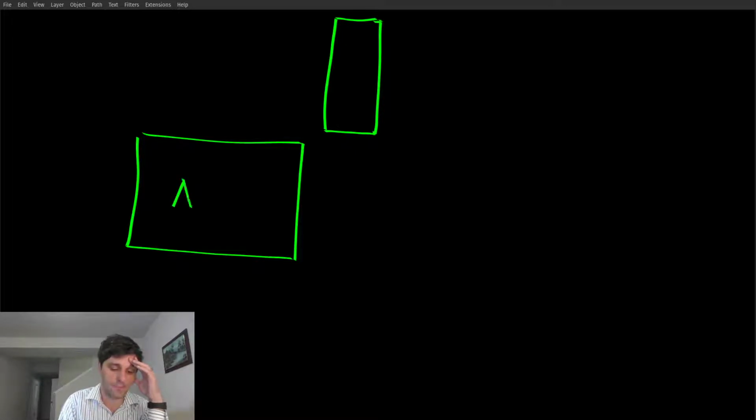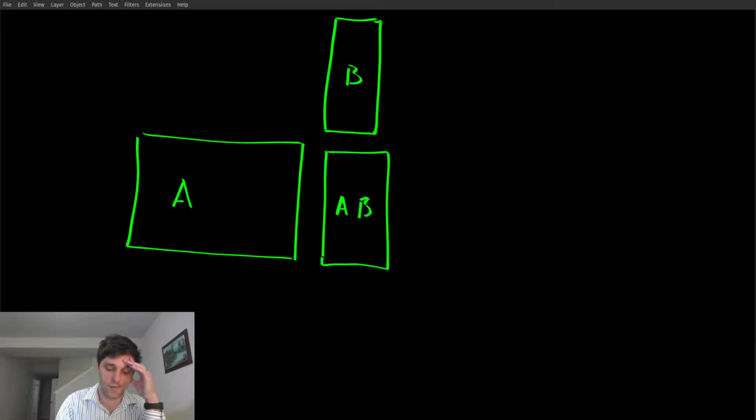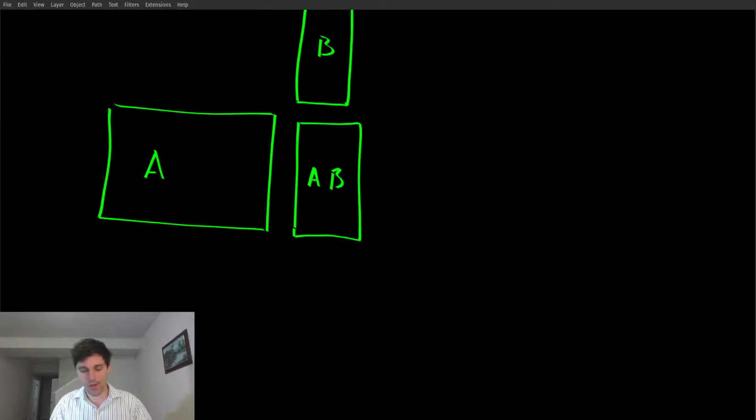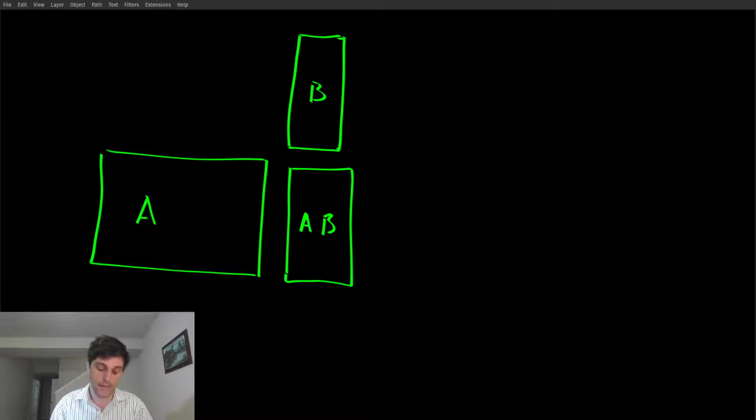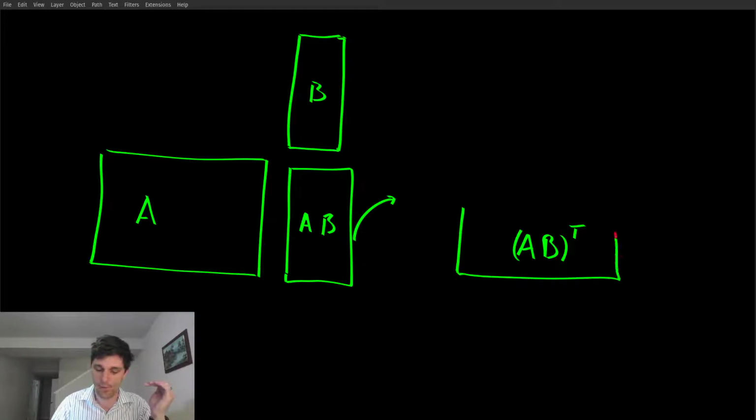So here's my A, here's my B, and now in here I have my A times B, my product, right? And then the question is, I take the transpose of that, right? So again, this is part of where it's nice, especially with transposes, to have it be not square, because I want to think, okay, AB transpose is going to be flipped over, and instead of tall and skinny like B is, it's going to be more wide and short, right?